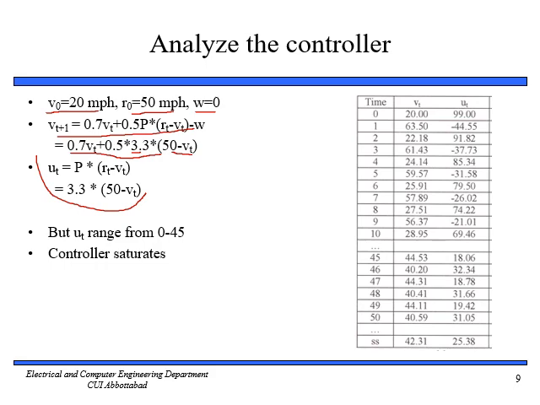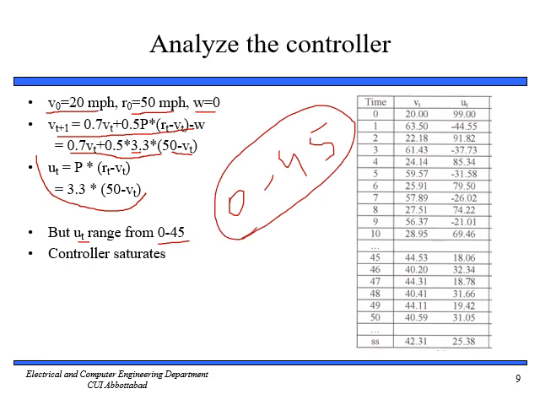You must make sure that u of t ranges from 0 to 45. This should not exceed 0 to 45 because our throttle angle is between 0 and 45. If it goes out, here you can see that our u of t is getting out of the limit. It's getting 99, it's getting minus 45, 91 and so on. That's why our speed is never getting to 50.